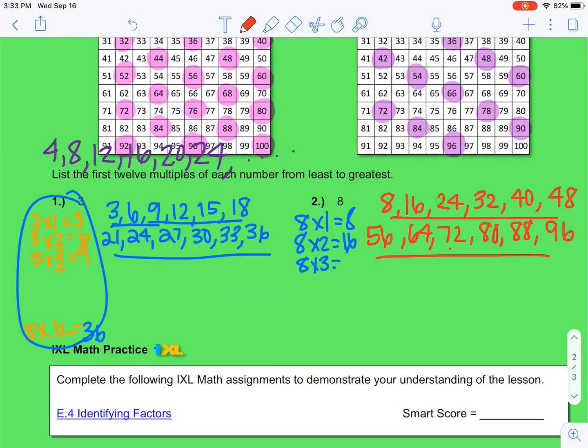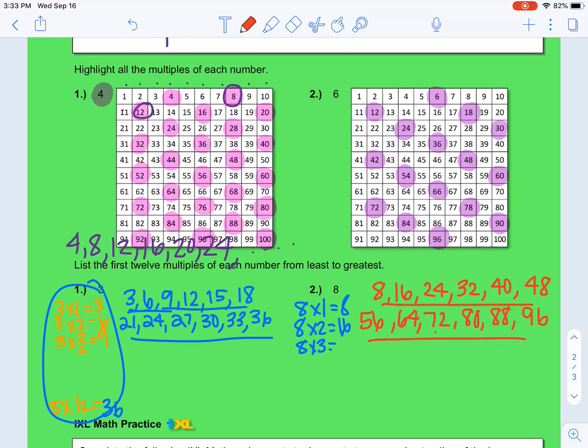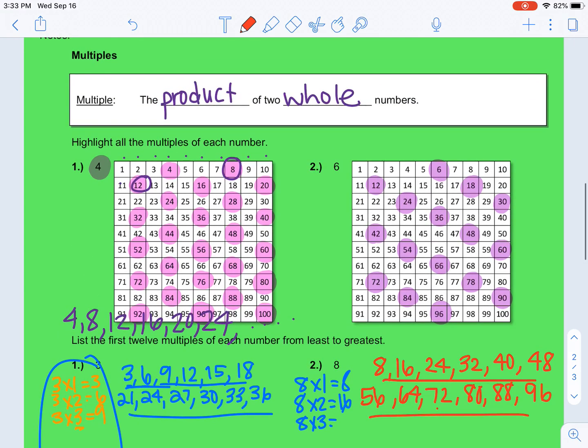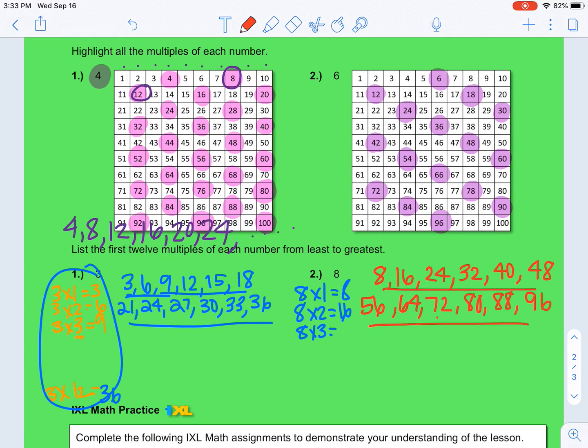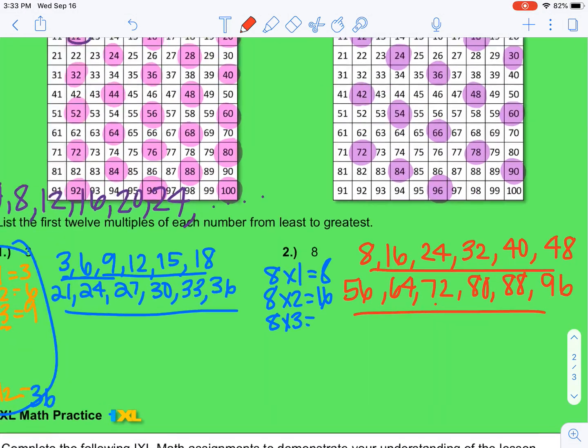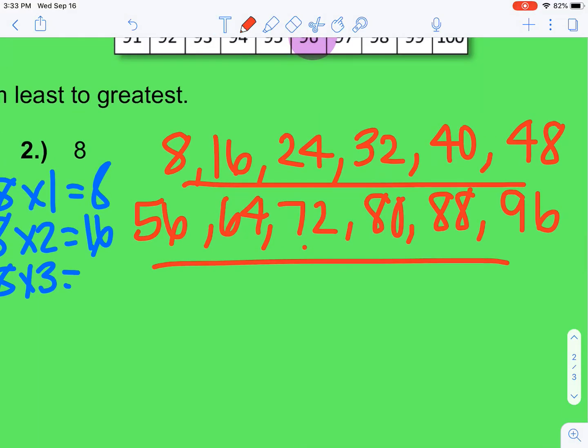And that is the end of the lesson. So the thing to remember is that our multiples are just adding by whatever number you're finding your multiples of each time. So for instance, from 8 to 16, I added 8.